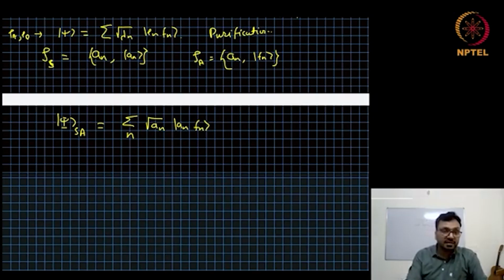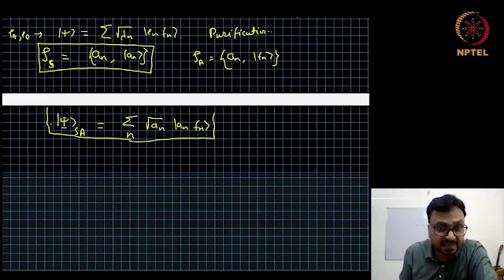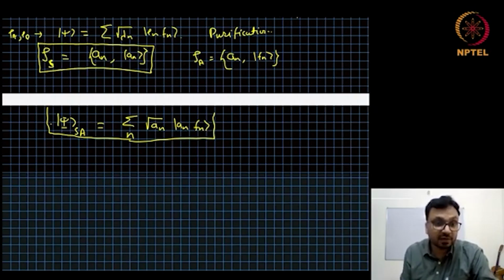So we can always say that any mixed state of a given system can be thought of as a reduced density matrix from a larger system containing the system as well as the ancilla in a pure state. The state of the system and ancilla, the bigger quantum system, can be written as a pure state with Schmidt coefficients, the square root of a_n, and the Schmidt vectors a_n and f_n. f_n is again arbitrary.